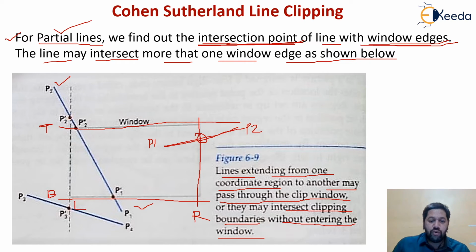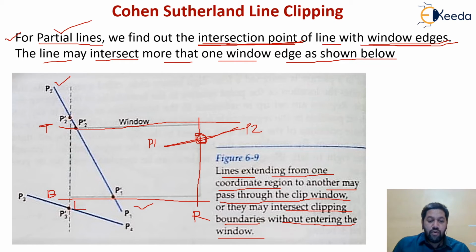So in the Cohen Sutherland line clipping algorithm, after the visibility test, if I find that the line is partial, I am going to find out the intersection point of the line with the window edges. Once I find this intersection point, my line is divided into two parts.